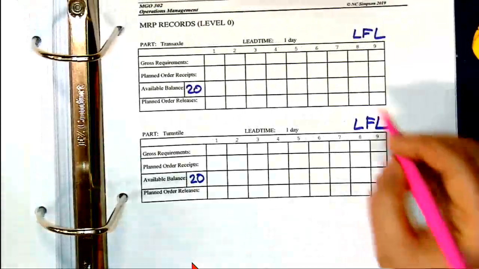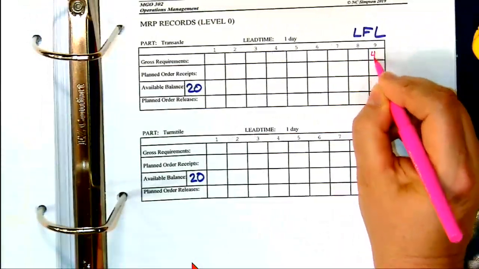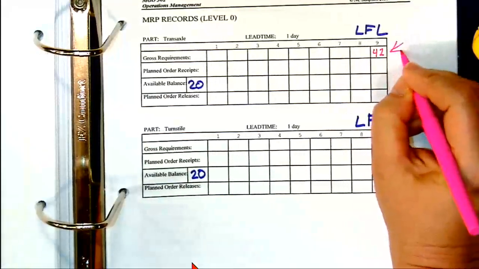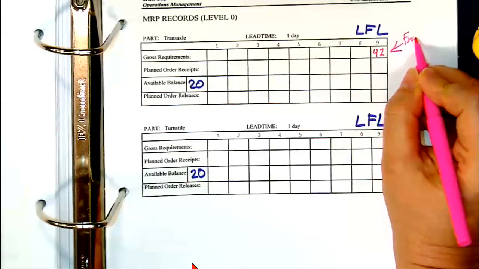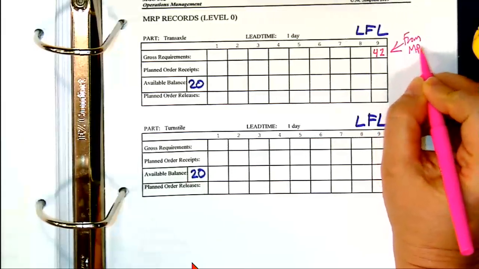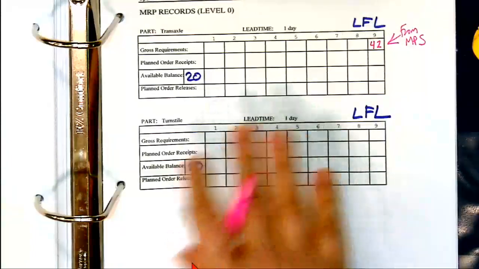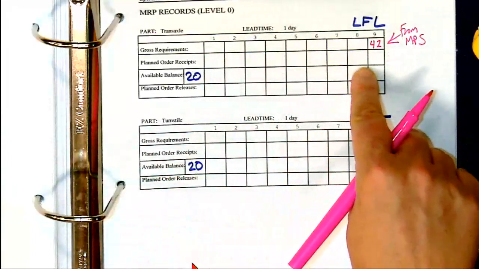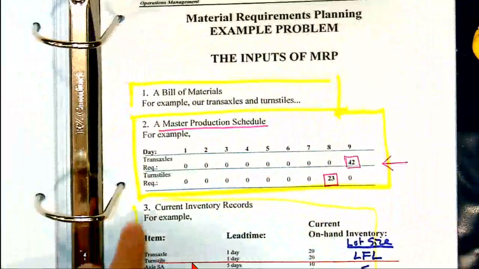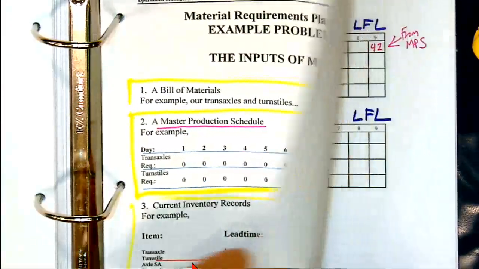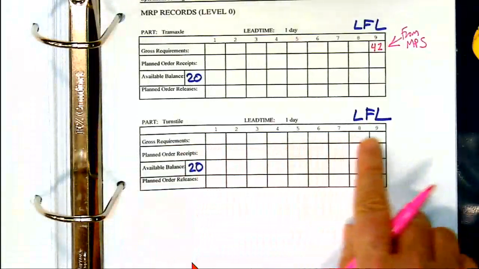Next page, 9th day, transaxle, 42. That's where it goes. You might even want to write a little note to yourself, where did I get the 42? That one came from the master production schedule. It would be essentially wired in right there. Likewise, this row would be wired in. It only has a 23 under the 8th day into the top line of that record.